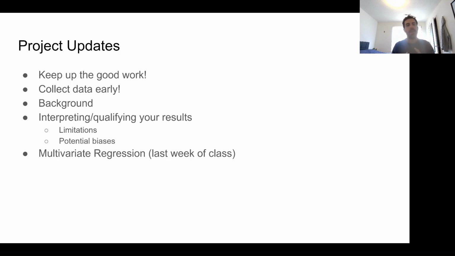Yes, randomization helps. Yes, stratifying or blocking helps. Yes, a large sample size helps. But even applying all of those principles, you could wind up with a sample that's not representative of your population. And it's important to mention any limitations that you're aware of in the data collection process.